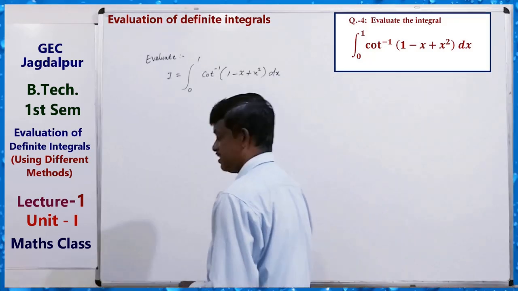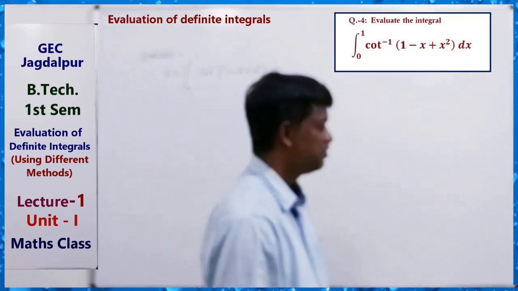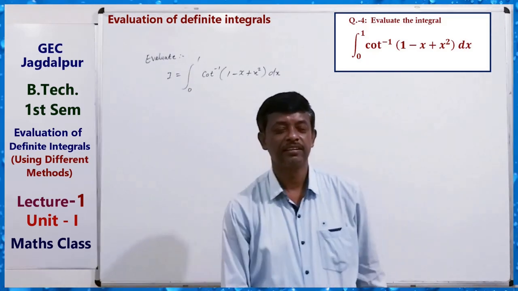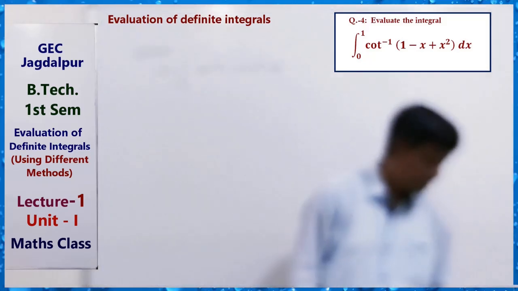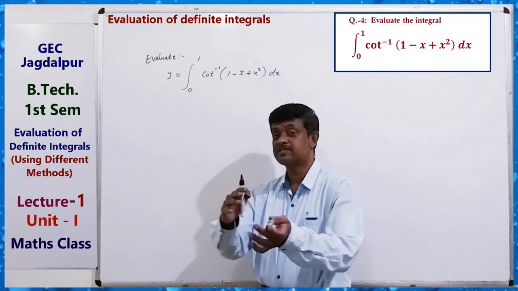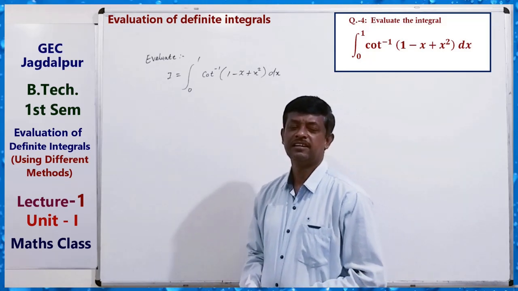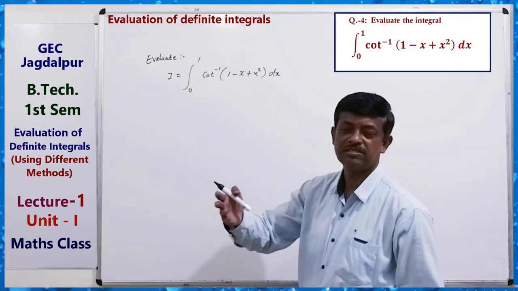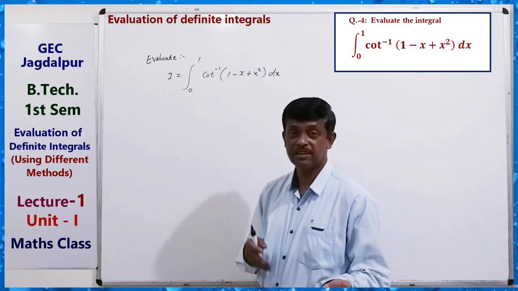Generally for solving integration, we try to write the integrand in terms of a well-known form, because here just cot inverse is given. The well-known forms are sin x, cos x, tan x, the basic integration functions, and inverse also: sin inverse, cos inverse, tan inverse.